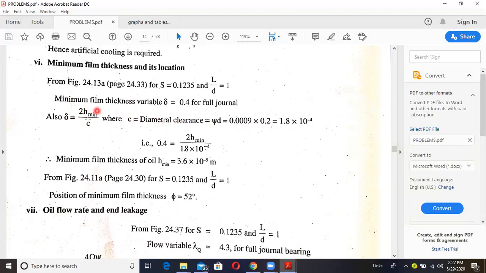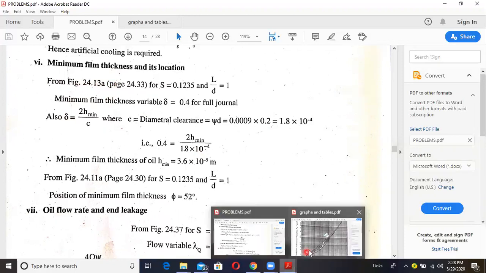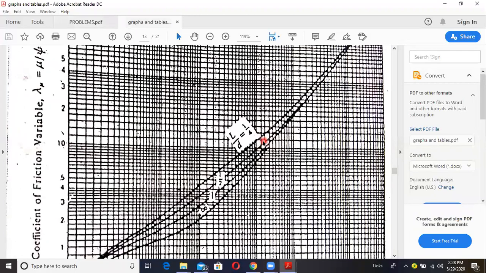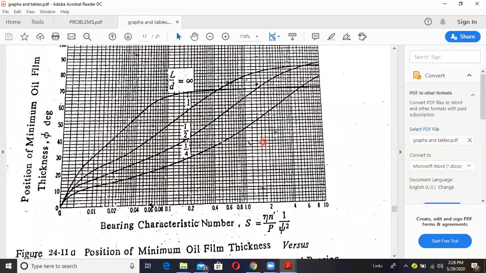But again there are two unknowns. One is delta, another one is H minimum. Now our aim is to calculate H minimum. To calculate H minimum, we are going to calculate delta. To calculate delta, we are going to refer to figure number 24.13a.